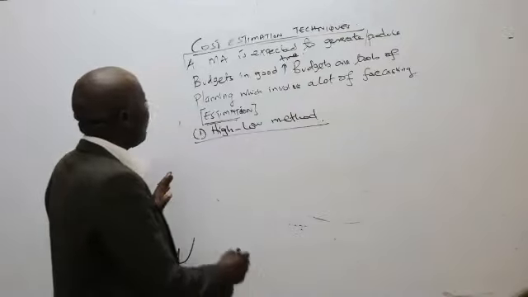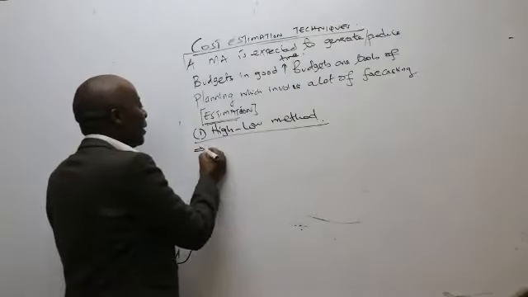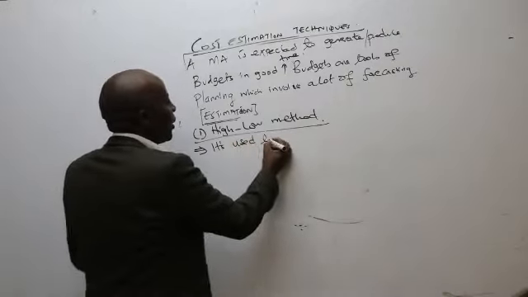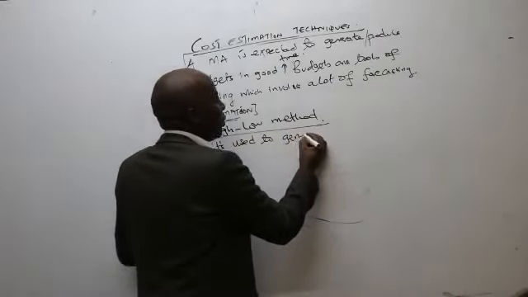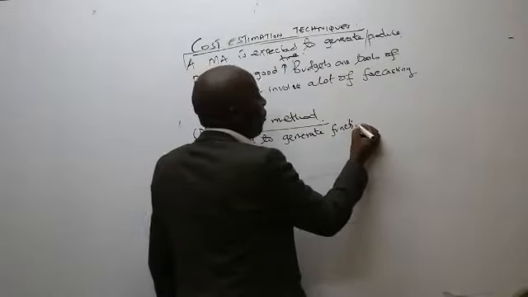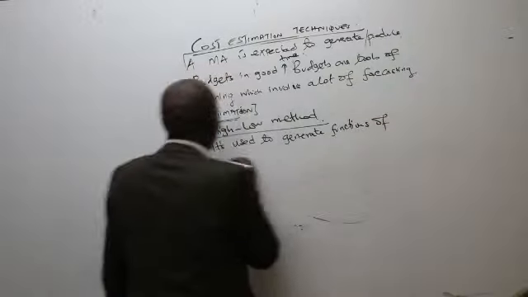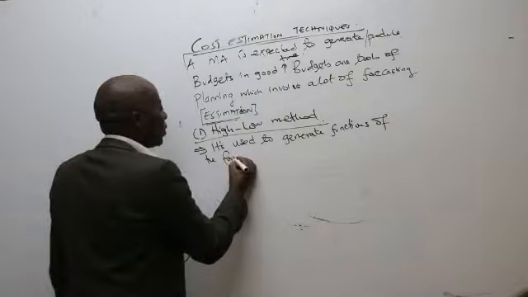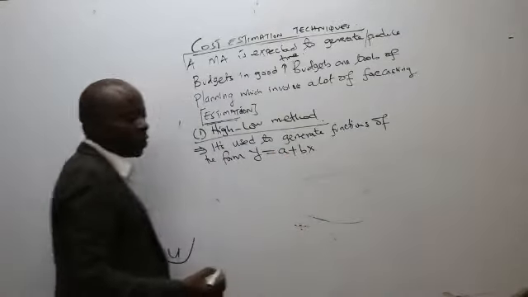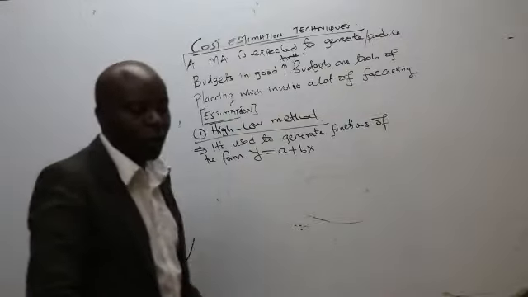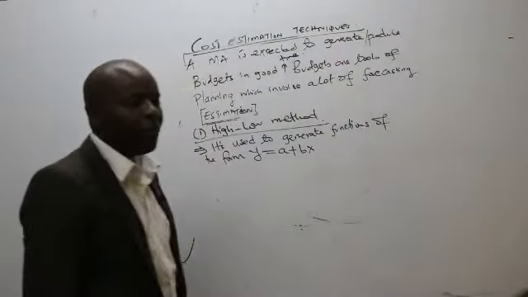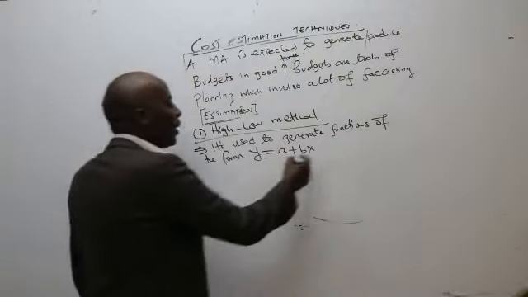So this high-low method, ladies and gentlemen, is a method that is used to generate functions of the form y equals a plus bx, full stop.